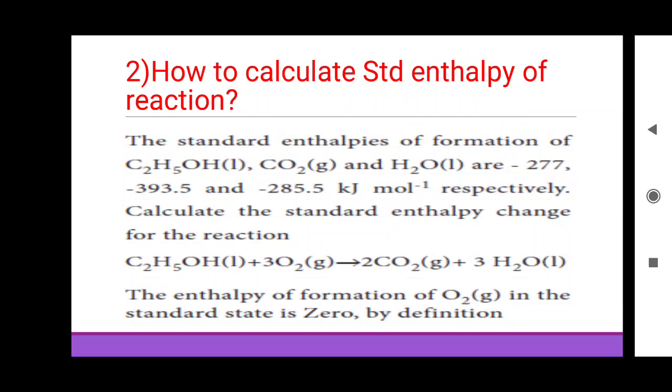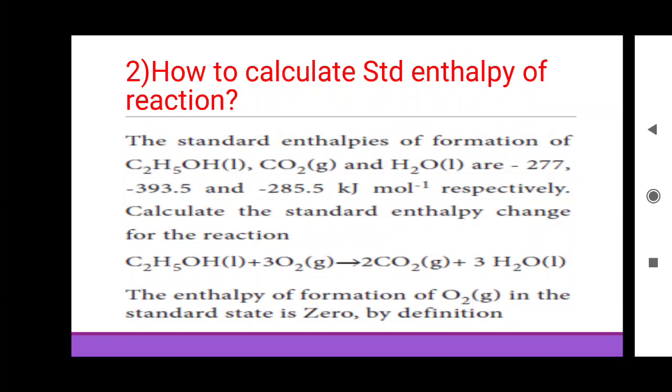The standard enthalpies of formation of ethyl alcohol, carbon dioxide and water are minus 277 for ethyl alcohol, minus 393.5 for carbon dioxide, and minus 285.5 kilojoule per mole for water respectively. Calculate the standard enthalpy change of the reaction.